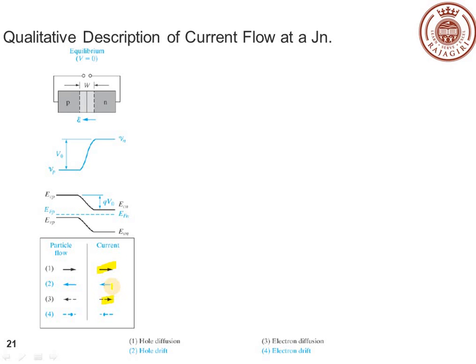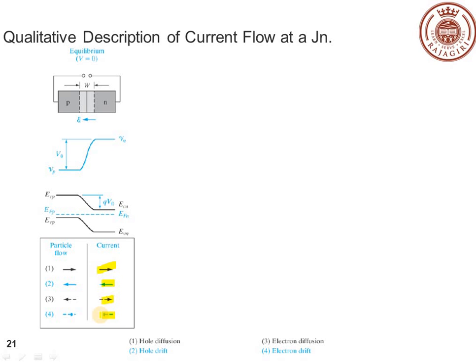Drift components of the current have the opposite direction. Both drift components have the same direction and both diffusion components have the same direction, but drift and diffusion have opposite directions. So your net current will be 0 at equilibrium because all these 4 components have equal magnitude.